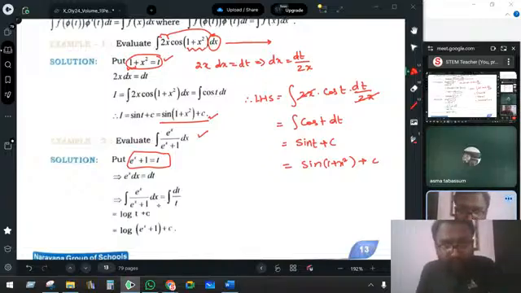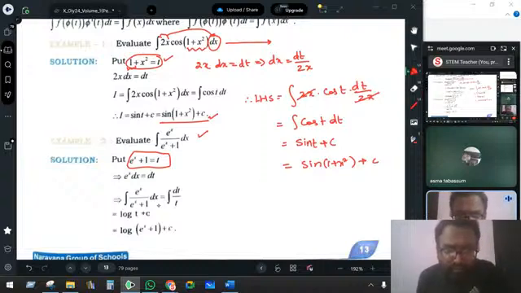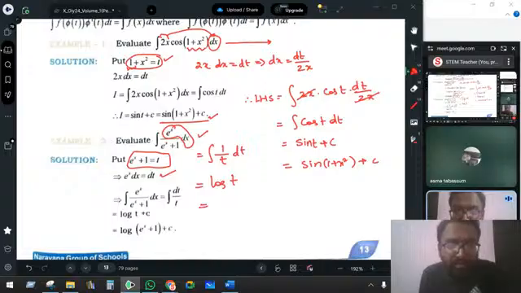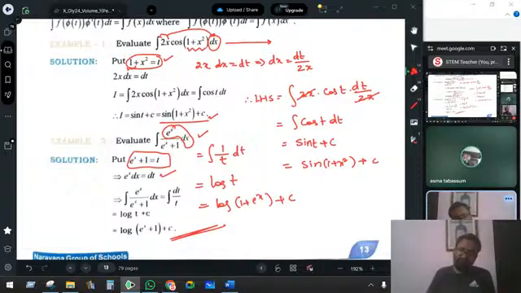While choosing e power x plus 1 equals t, in my mind I think about its derivative and whether it captures dx. So e power x dx equals dt, and it becomes the integration of 1 by t dt, which is log t, that is log of (1 plus e power x) plus c. Is this clear?